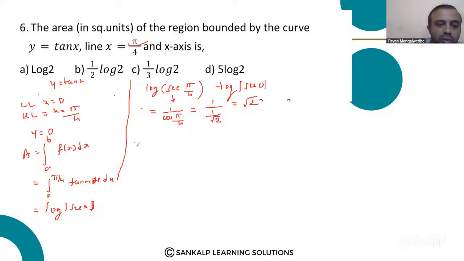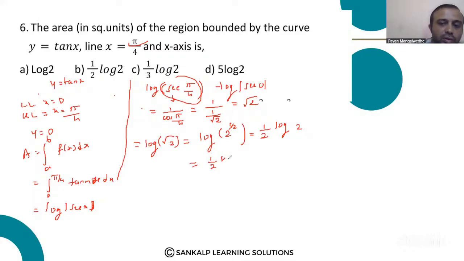So now log of root 2 is equal to log of 2 raised to half. Applying the logarithmic operation, it is half into log 2. So it is half log 2 minus 0, upper limit minus lower limit, that is half into log 2.